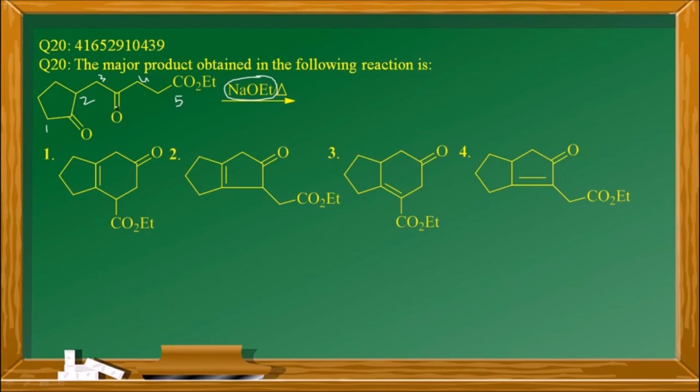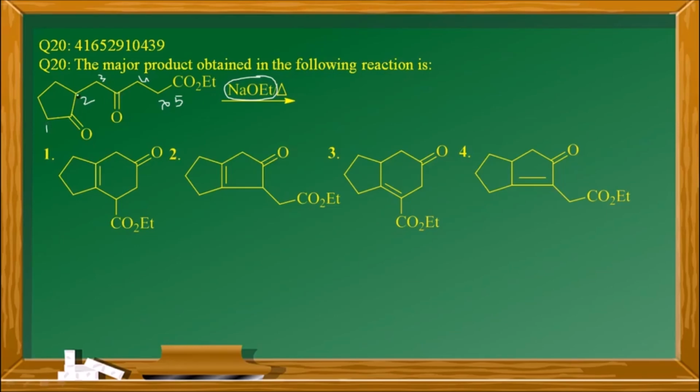When compared, carbonyl and ester, which is more acidic? The carbonyl will be the more acidic. So alpha to ester is ruled out; it is not going to take place. Whereas for alpha to carbonyl, if this attacks here, there is a chance to form a 5 carbon chain, but inside the ring there will be strain, so this is not going to form.